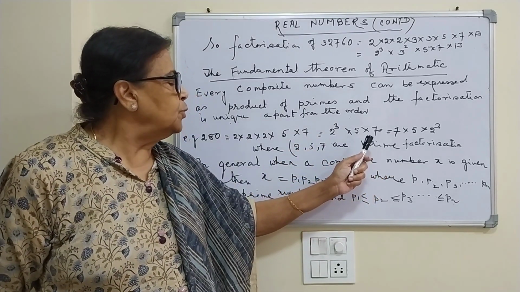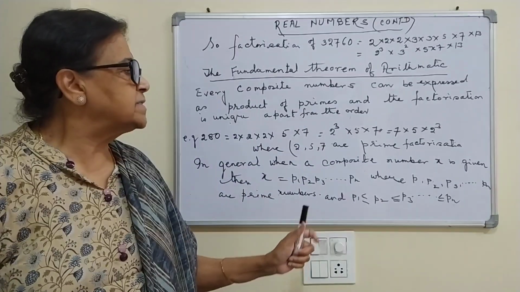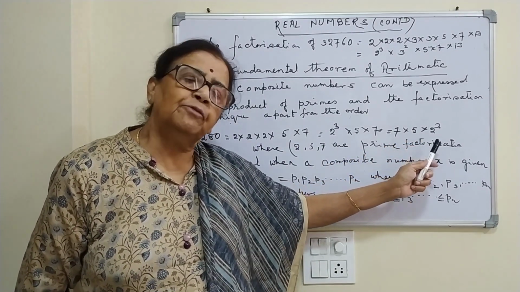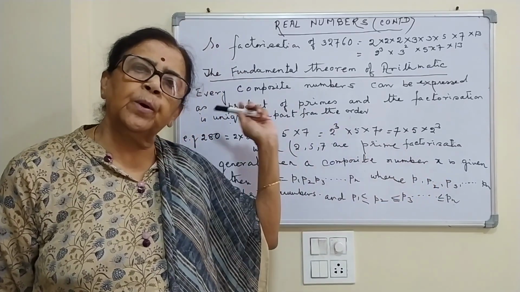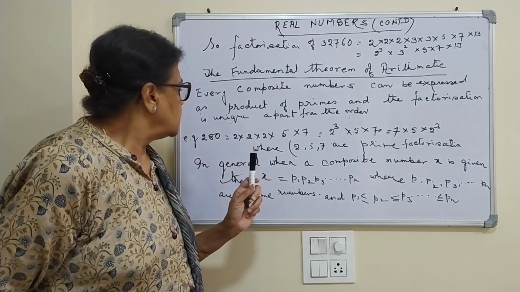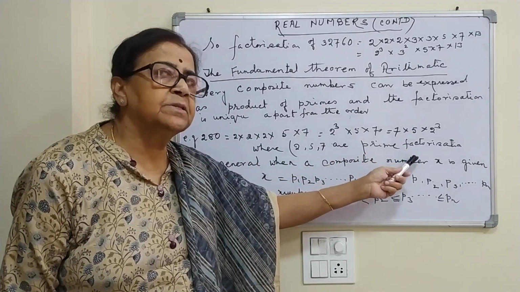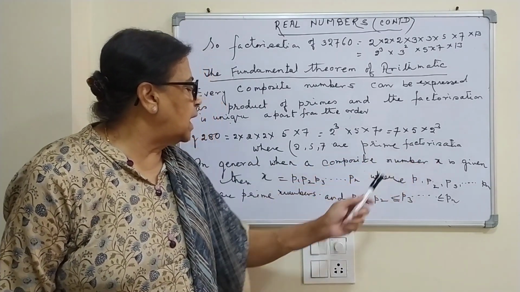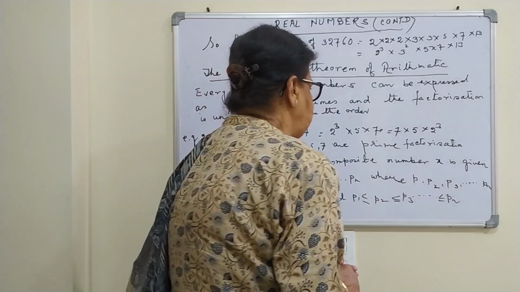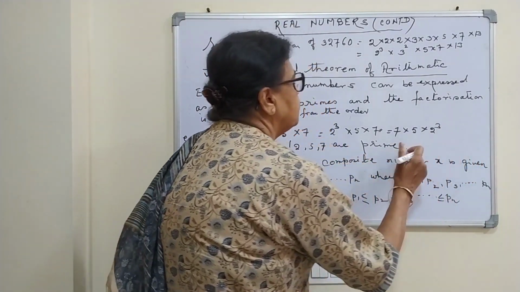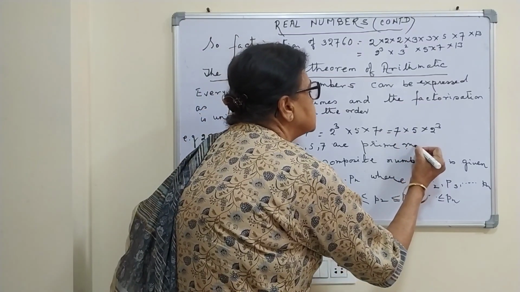If I write 7 into 5 into 2 cube, that doesn't matter. If I multiply, we get the same 280. Where 2, 5, 7 are prime numbers.